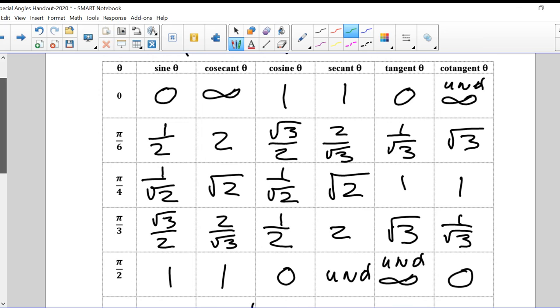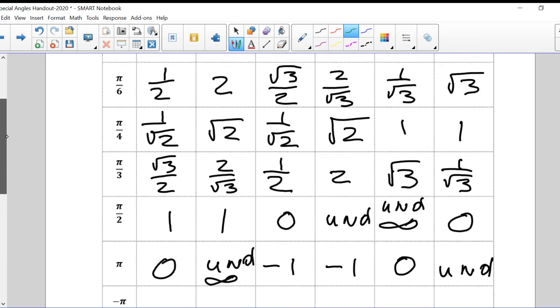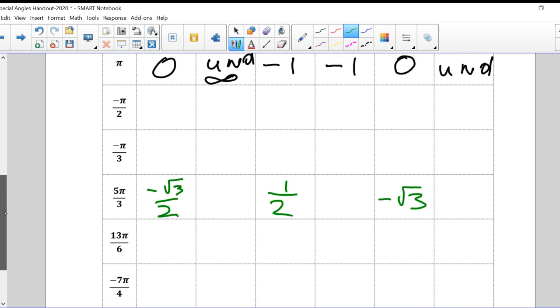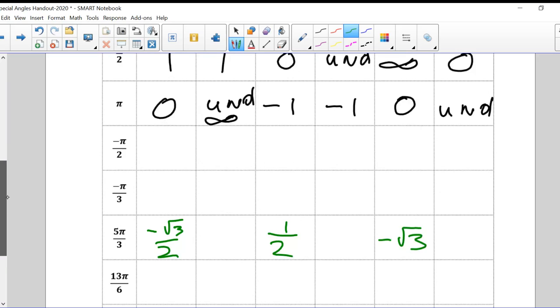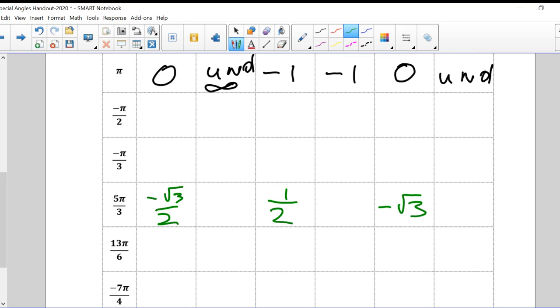So the sine is negative, the cosine is positive, the tan is negative. But the reciprocals would be the reciprocals that you expect. So this would be minus 2 over root 3. I kept the minus on the top. This would be positive 2, and this would be minus 1 over root 3 for the reciprocal angles. Okay?